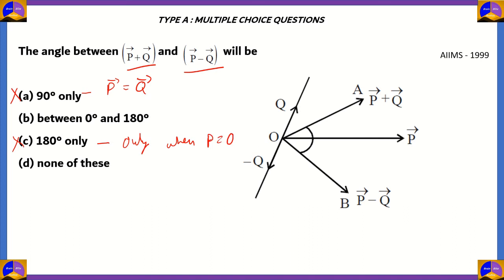Now, P plus Q is the vector addition of two vectors P and Q, and P minus Q is the vector addition of two vectors P and minus Q.